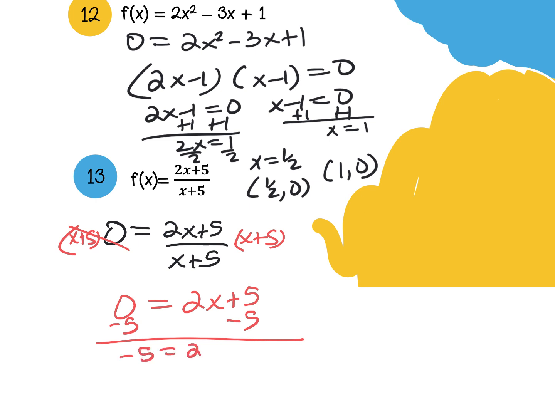Negative 5 equals 2x. Divide by 2. And x equals negative 5 over 2. And again, written as a coordinate, negative 5 over 2 comma 0. So that is it. Again, when you want to find the zeros or the roots or the solutions, you are setting your function equal to 0.